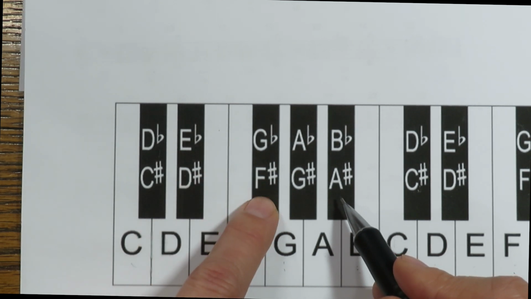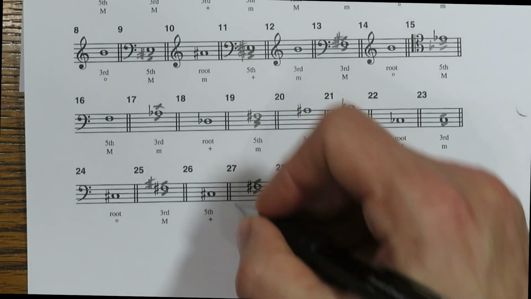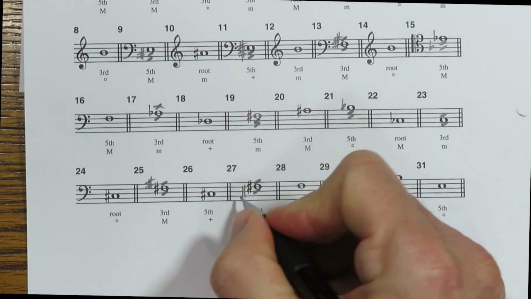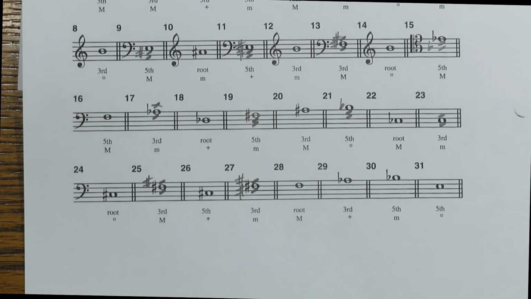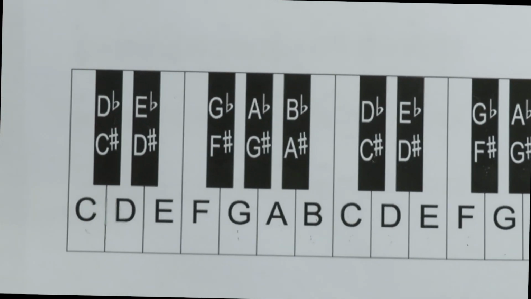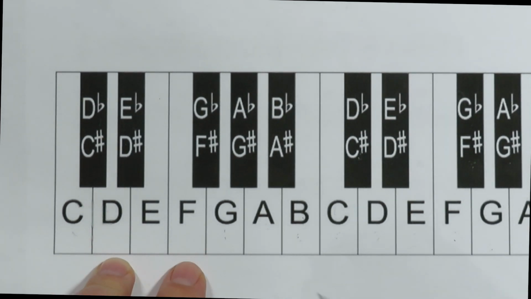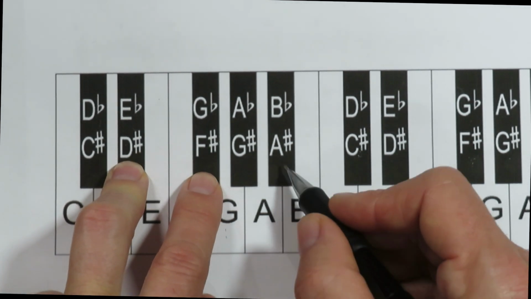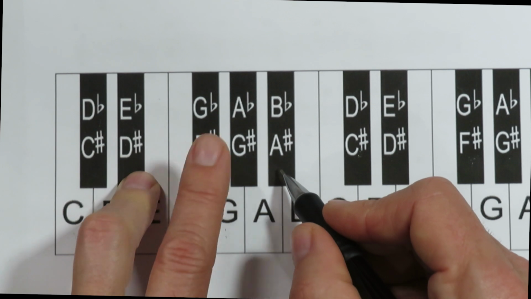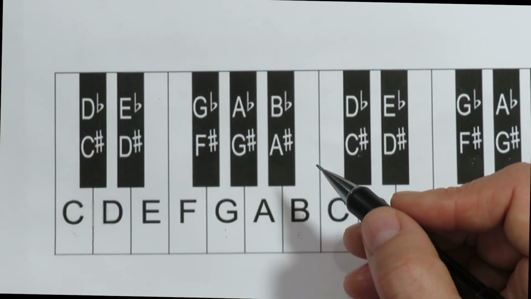D sharp, F sharp, A sharp. Okay. All right. So D minor is all naturals, D, F, A. So it stands to reason that D sharp minor would be all sharps. D sharp, F sharp, A sharp. Okay.